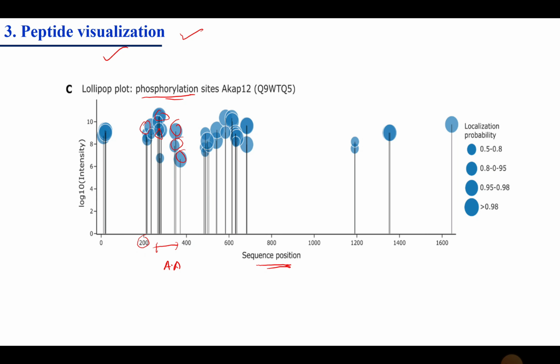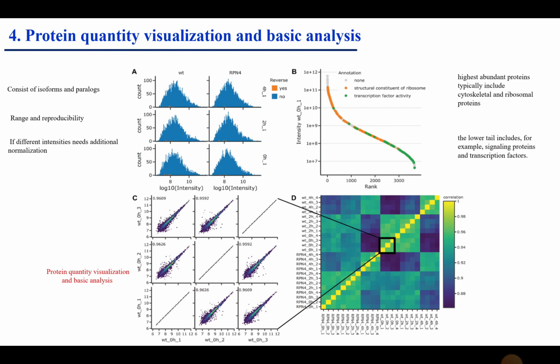So we can combine this information with online databases, and we can know which types of amino acids have more probability of phosphorylation. The size of these lollipop circles shows the probability. The bigger the size, the higher the probability. So it means that we can also use this peptide visualization data to get the phosphorylation sites.